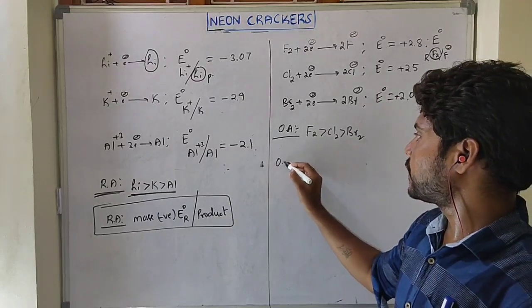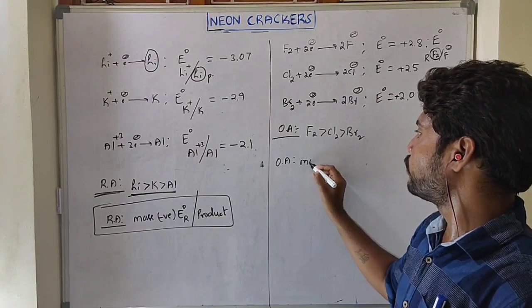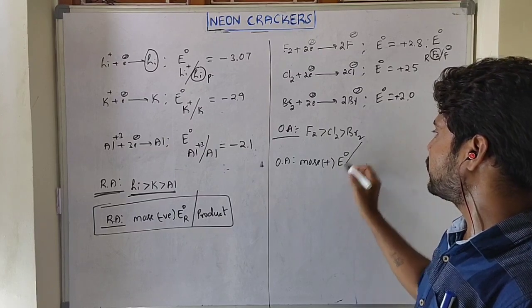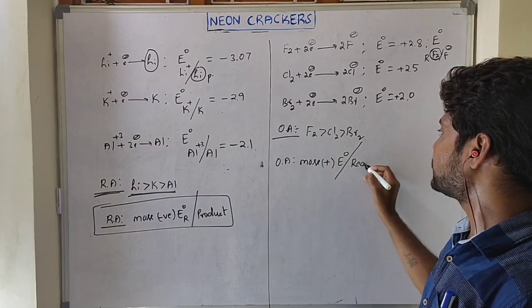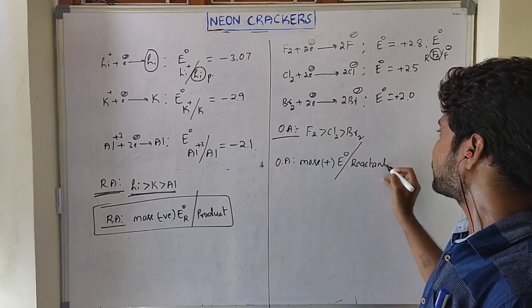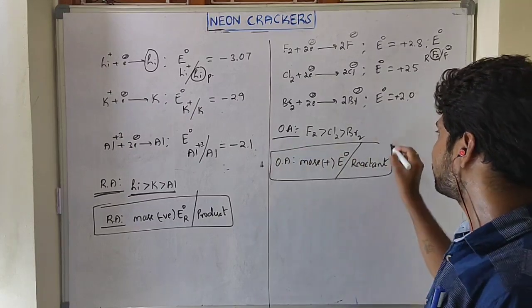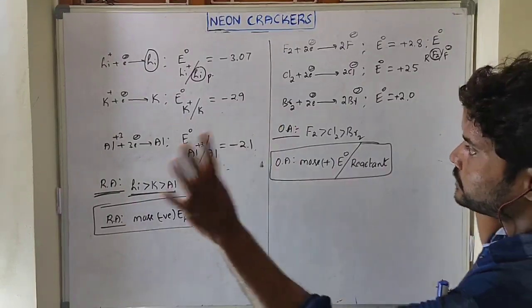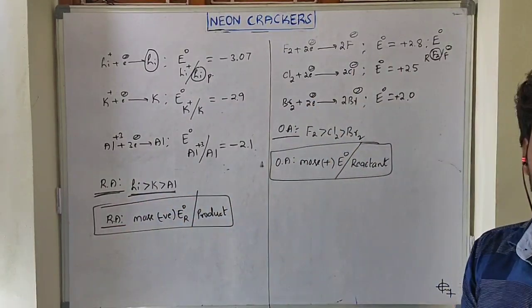So what is the shortcut? For the oxidizing agent, the more positive electrode potential value, with the reactant side. This is our shortcut. But one important thing I told you already: this shortcut is based on the reduction reaction only.